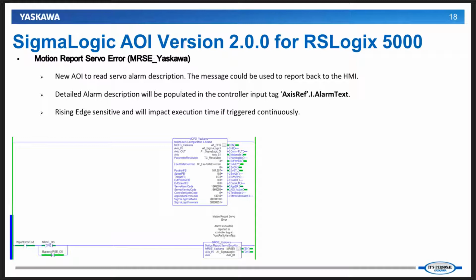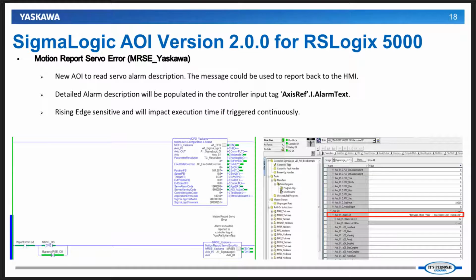We have added one new additional AOI called Motion Report Servo Error AOI. As I said before, this AOI gives you a detailed description of an alarm if there is any alarm in the SigmaLogic unit. You can send this description back to any HMI or upper user interface that you might have.